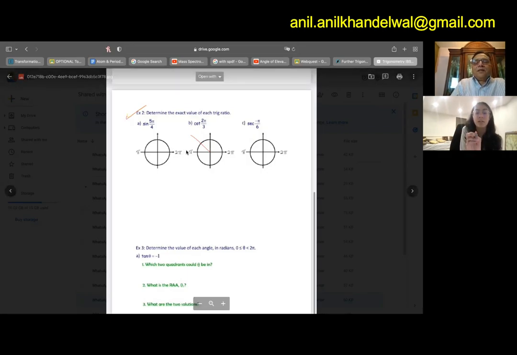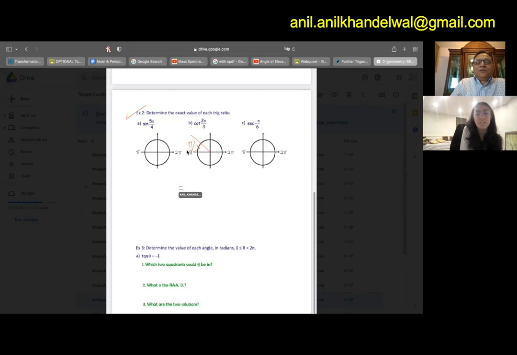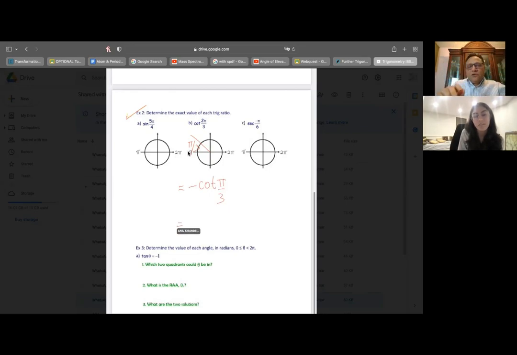So when you go from there, you have 2 pi over 3, which is 1 pi by 3 less, right? And then you can use your double triangle. This is equal to minus cot pi by 3. Which is the reciprocal of tan, right? So you are going to use 1 over your special triangle.